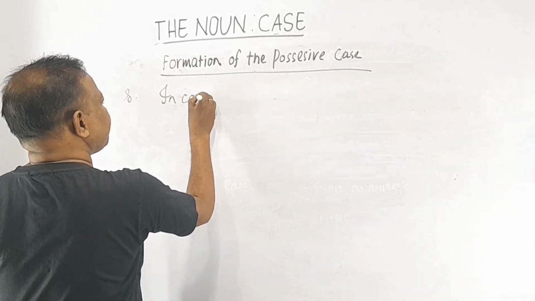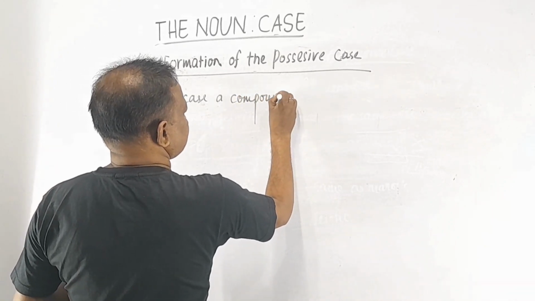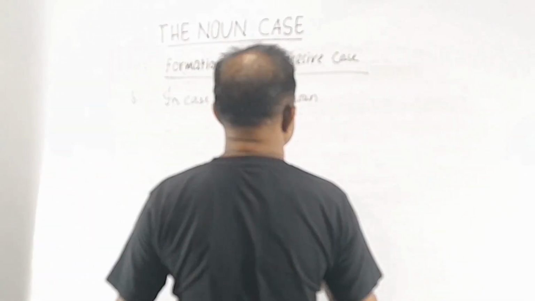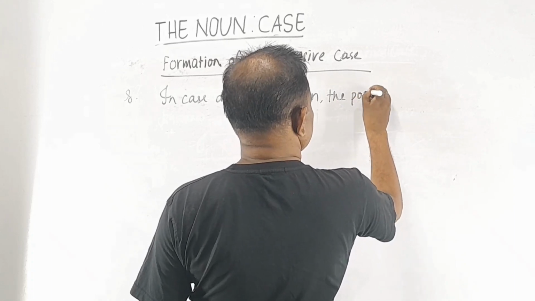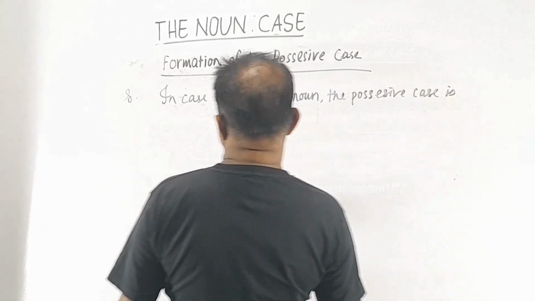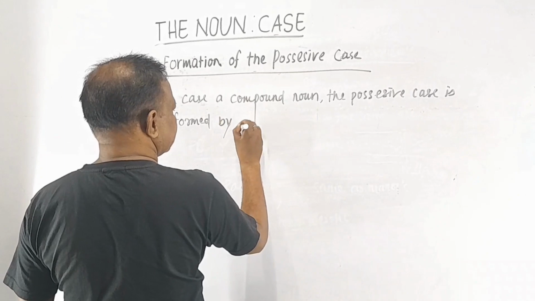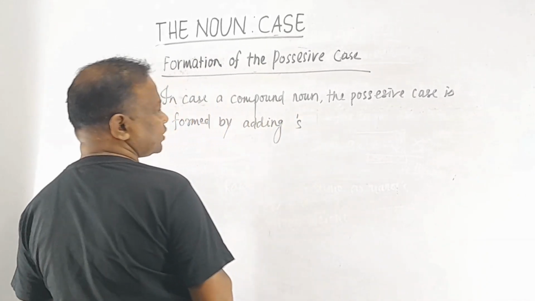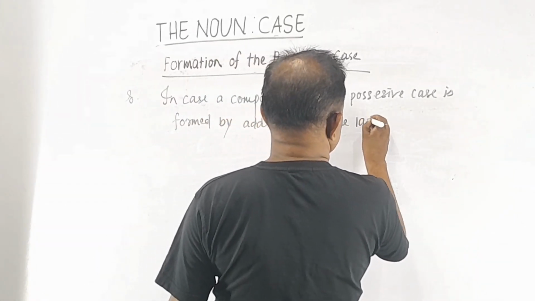Next, rule number 8. In case of a compound noun, the possessive case is formed by adding apostrophe s to the last word.